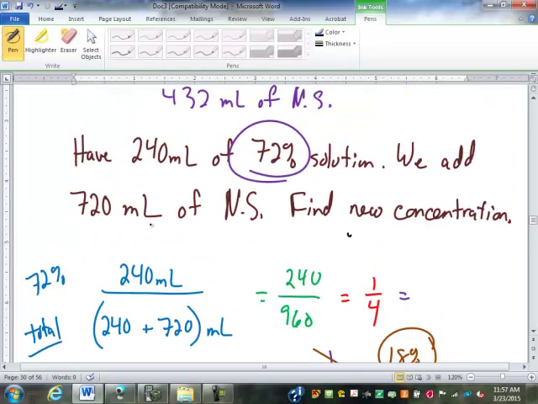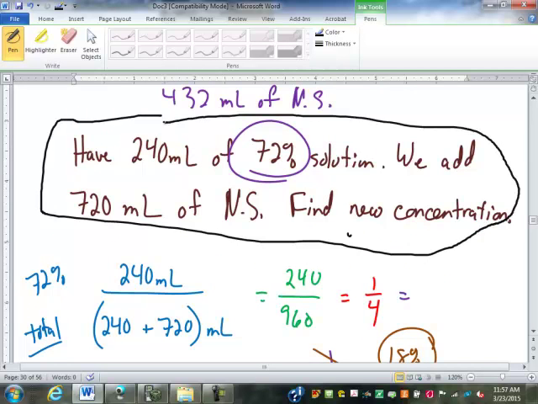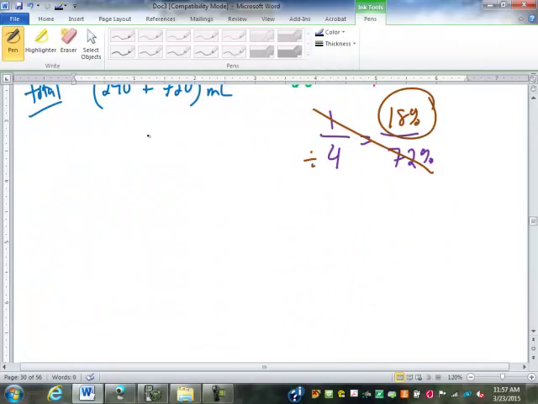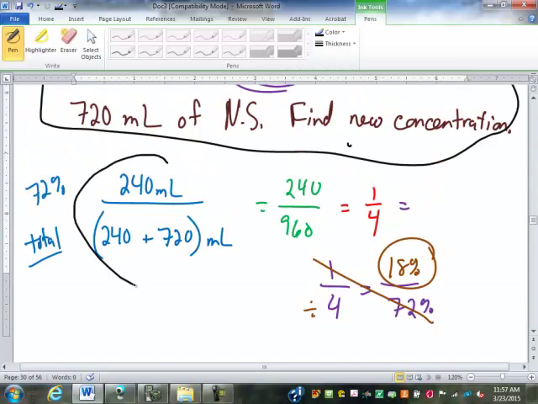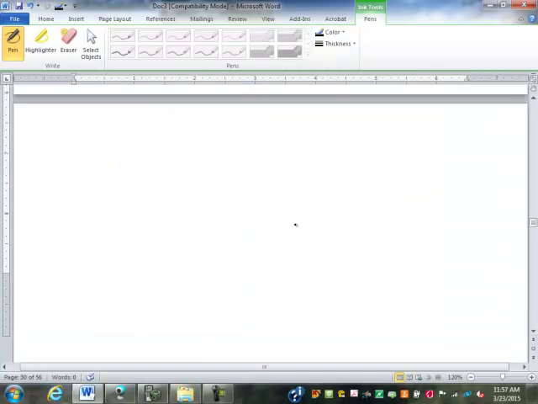So again, as I mentioned, this is kind of the long way of going about it. There's a shortcut formula that has come out of this based on what I just did here. If we look at a dilution, it can be described in one of two ways.